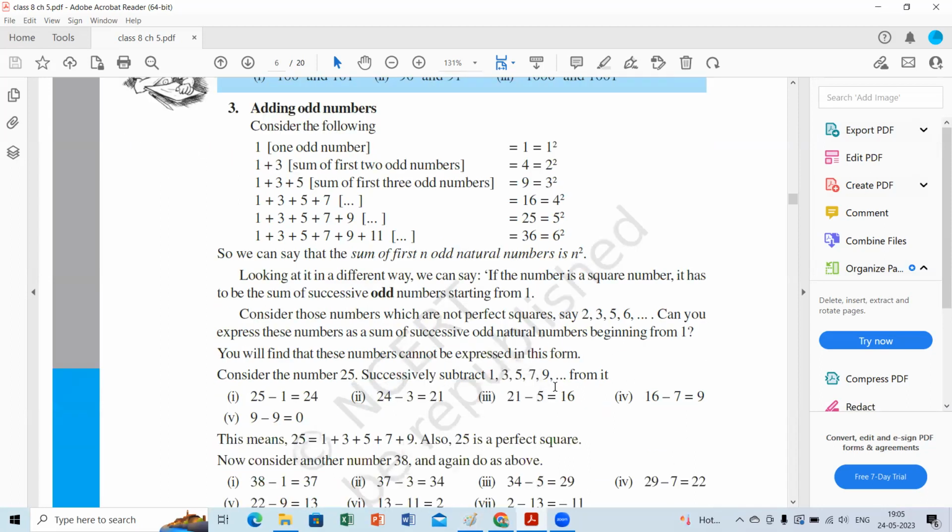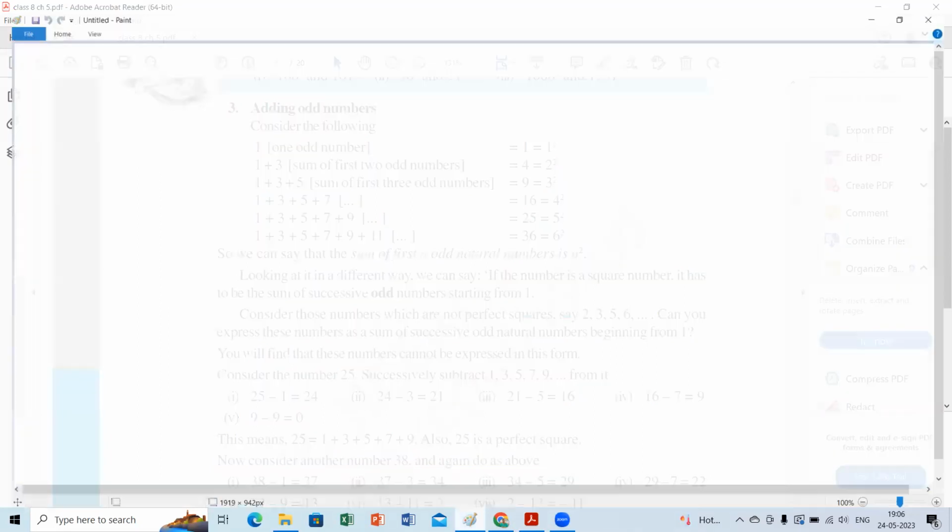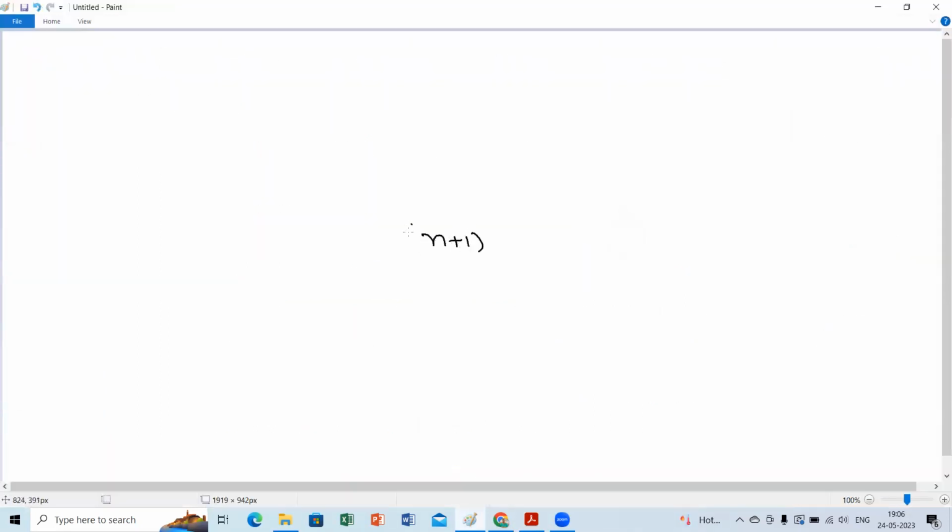Ma'am, for the sum of the first n odd natural numbers, can we also use n plus 1 whole square minus 5? n plus 1 whole square is n square plus 2n plus 1, minus 5.